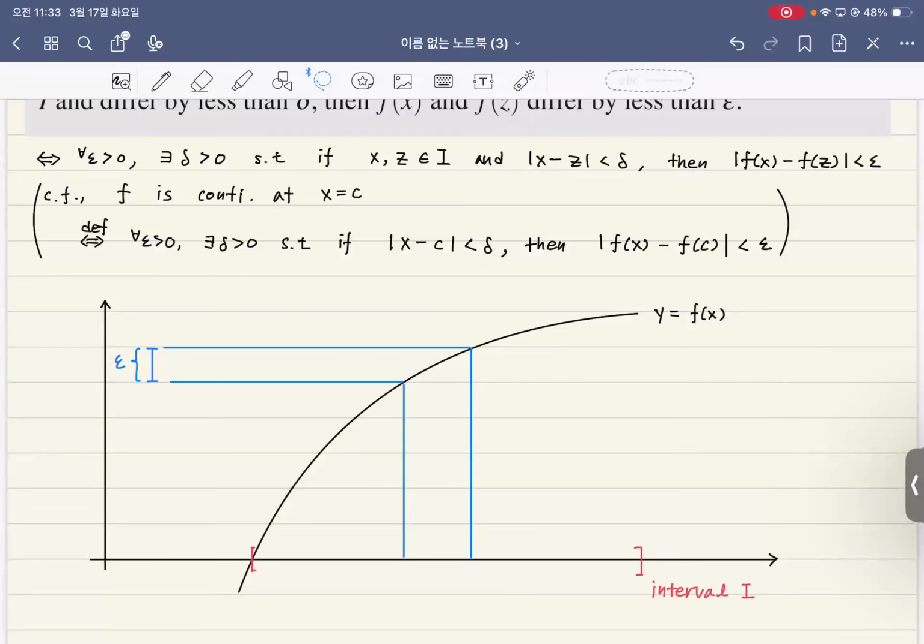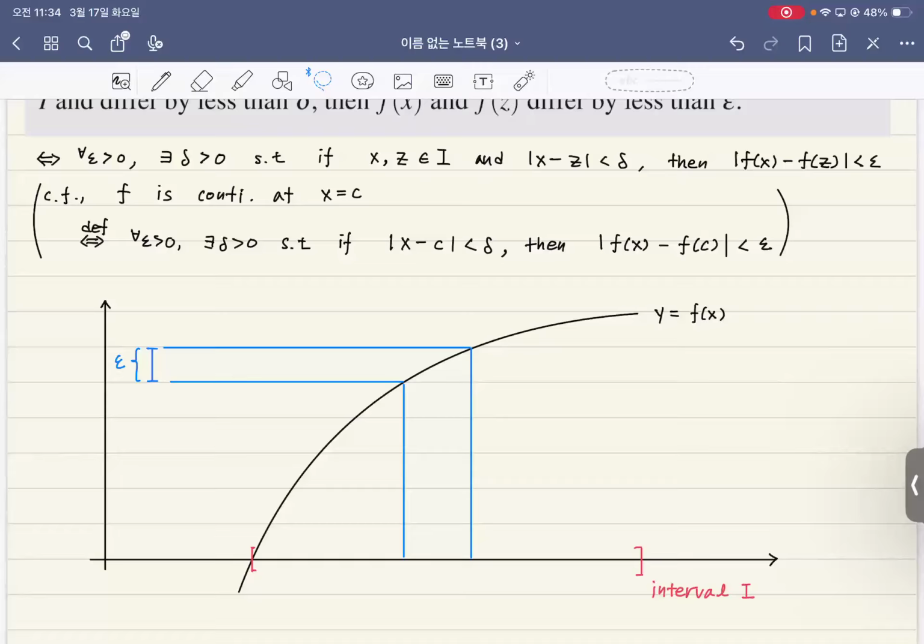Based on this picture, it looks like if my pair of points x and z are in this range, then the function values differ by less than epsilon. So I am really tempted to say that the length of this line segment would be my delta. Am I right?